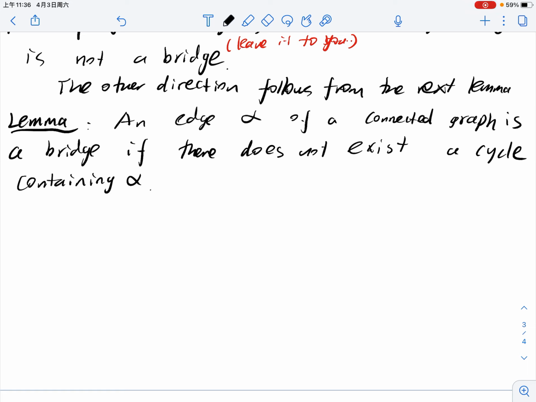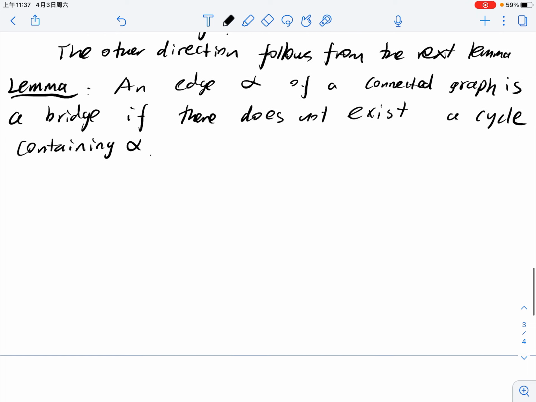Okay, so if you get this lemma, then because there are no cycles at all, each edge must be a bridge. Then by theorem A, we can derive that the connected graph G is a tree.